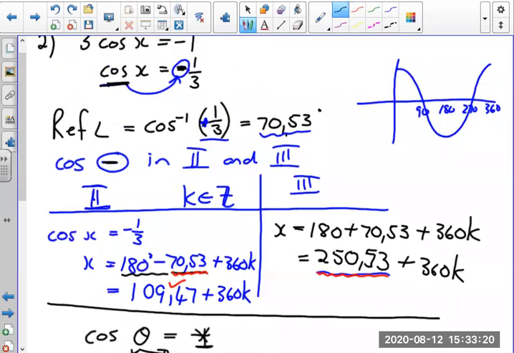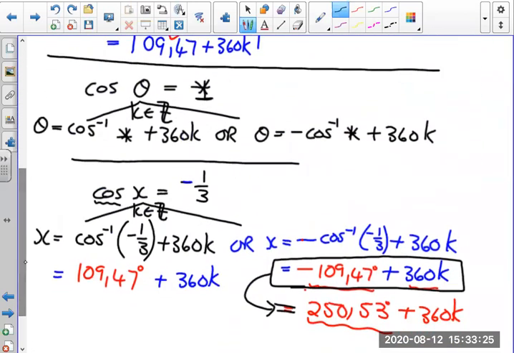You don't have to look in which quadrants you are working. You just simply say shift cos answer plus 360k or minus shift cos answer plus 360k. Do you see why I think it's easier?